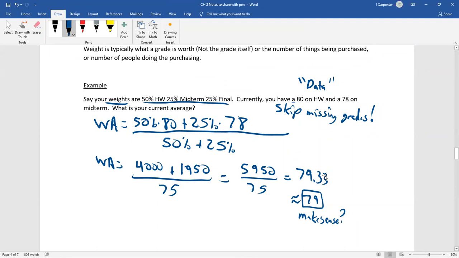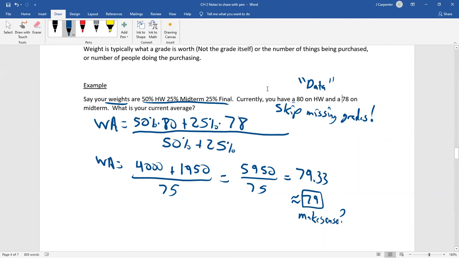If I calculated my average and it came up to be a 33, that would not make sense because I don't have any grades even close to that zone. If I have grades of 80 and 78 and I calculated my average to be a 95, that would not make sense. So your weighted average needs to be somewhere between the numbers given.